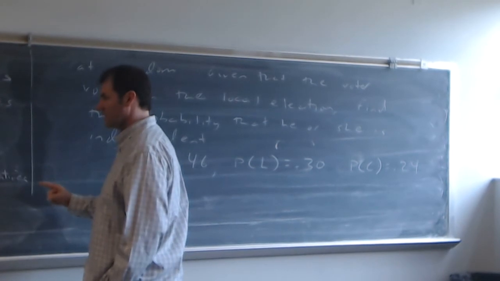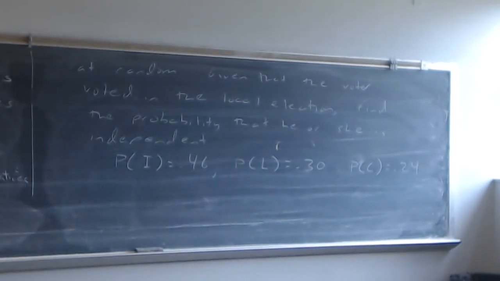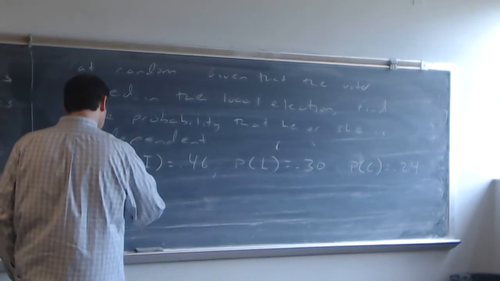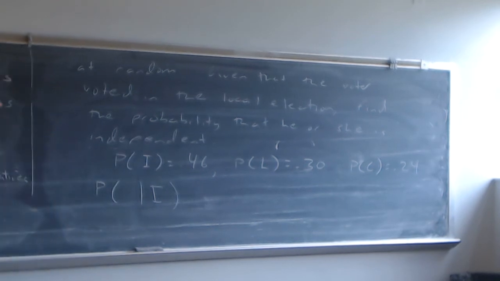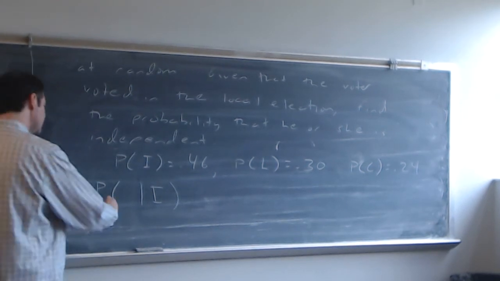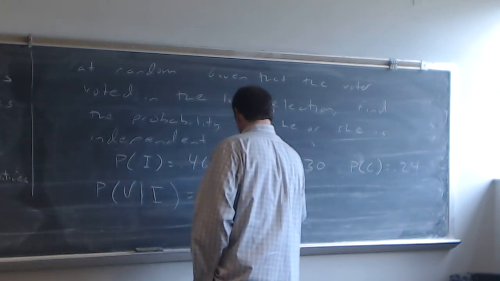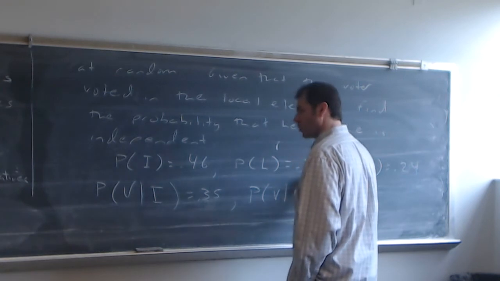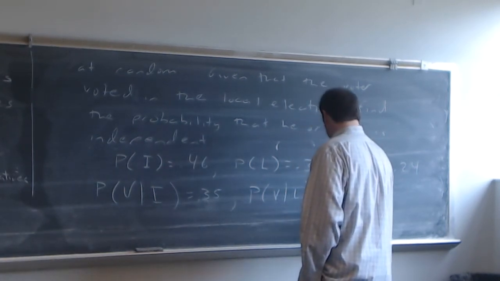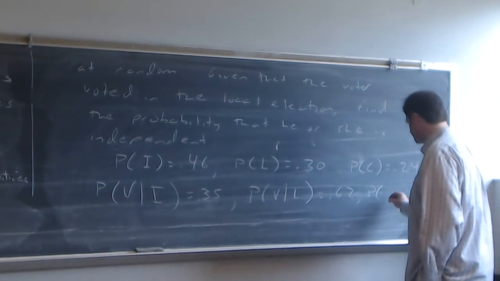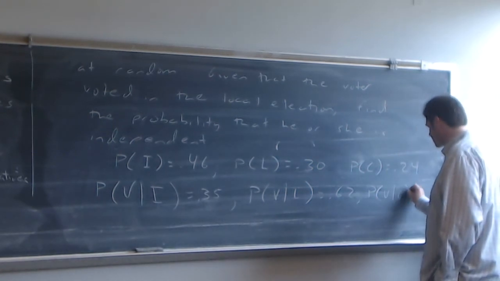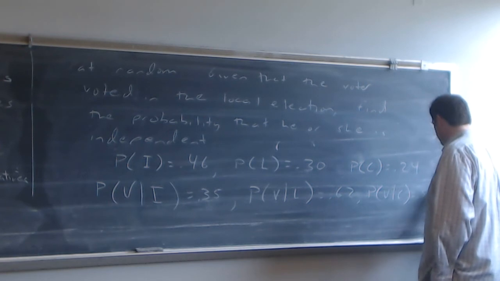Also, it was given that in a recent election, 35% of the independents voted. So given that you were independent, the chance that you voted was 0.35. The probability that you voted given that you were liberal is 0.62, and the probability that you voted given that you were conservative is 0.58.